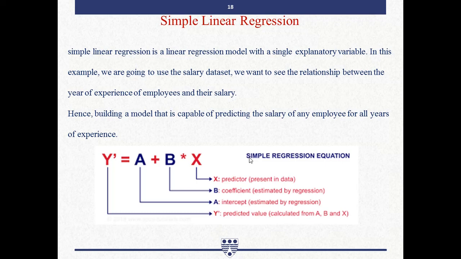In classification we try to predict a discrete value, like whether something is going to be good, bad, yes or no, this or that. In regression we try to predict a numeric or continuous value.